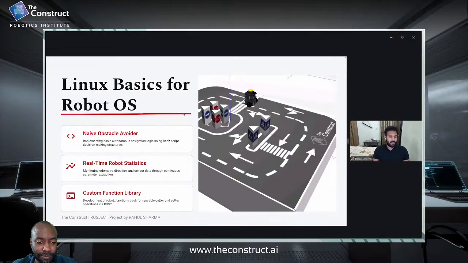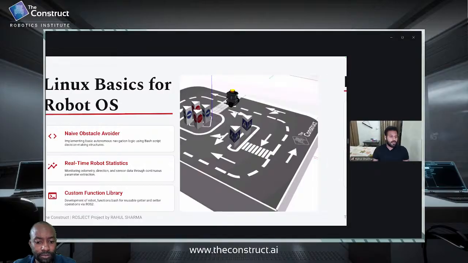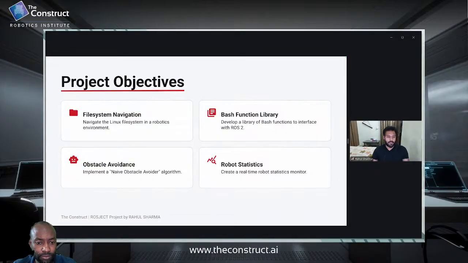So this is basically our platform where we will be demonstrating the naive obstacle avoider, and we will also see real-time robotic statistics, and then we will go on to the bash scripts to see how everything works. So here we have the project objectives.